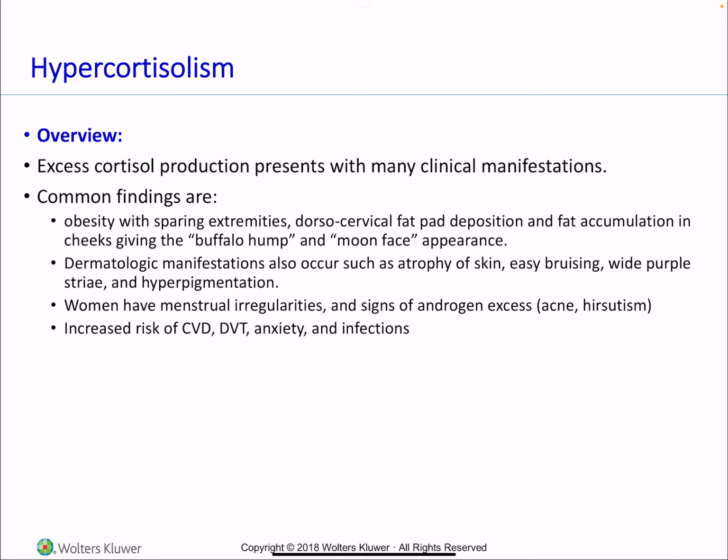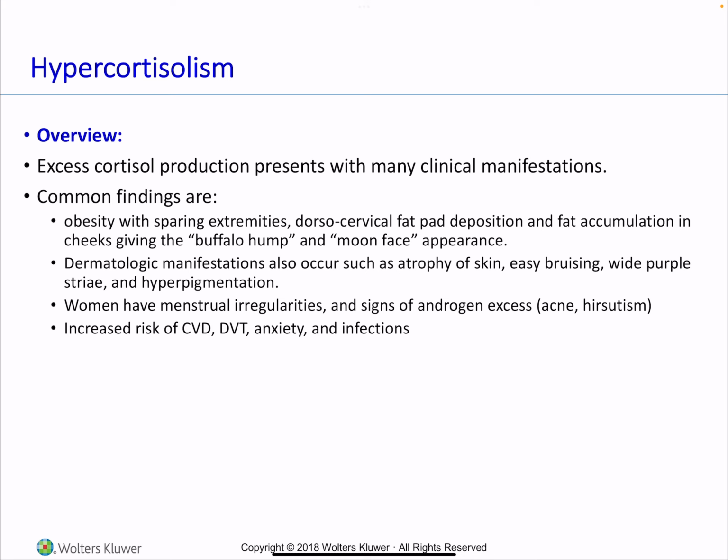Some dermatologic manifestations also occur in the skin. So there's atrophy of the skin, easy bruising, white purple striae or some stretch marks, purple stretch marks, and hyperpigmentation of the skin. In women, what's usually seen are irregular menstrual periods and some signs of androgen excess, like a lot of acne and hirsutism, so a lot of facial hair and hair all over the body.